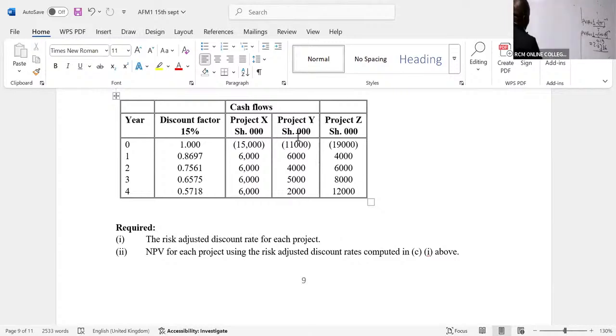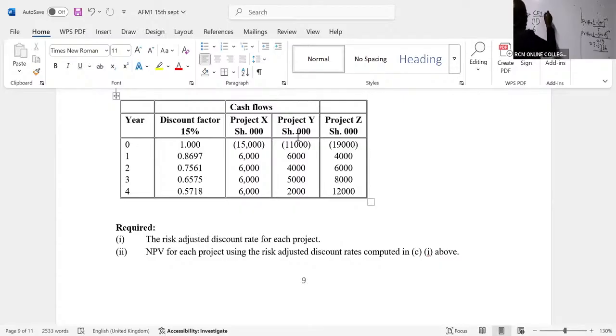So we have time 0, 1, 2, 3, 4, and cash flows for project Y: negative 11, because I'm investing there. Year 1, I get 6. Year 2, I get 4. Year 3, I get 5. Year 4, I get 2.